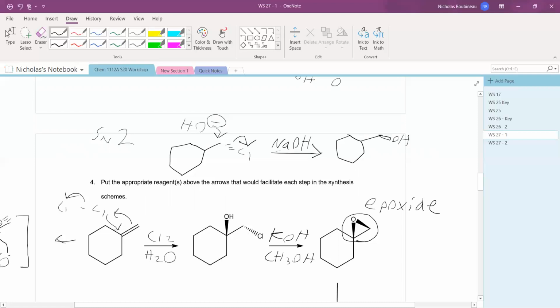So basically what happens is the base deprotonates the alcohol, so you get a negative charge, and then it kicks out the chlorine, and now the oxygen is attached to both carbons, and this is basically just an intramolecular SN2 reaction.